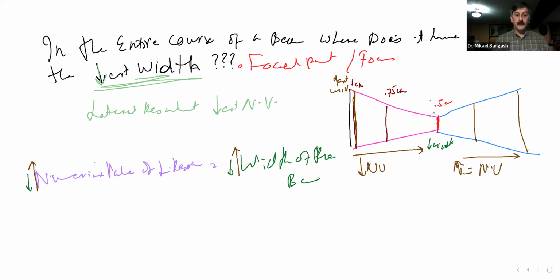So here, whatever the width of the beam is going to be the numerical value of your lateral resolution. That width of the beam is going to be measured, or expressed, using a unit of distance or length. Clear?